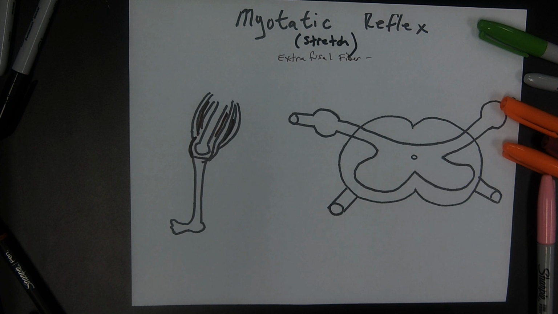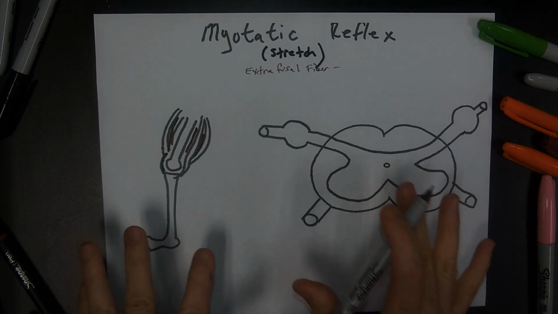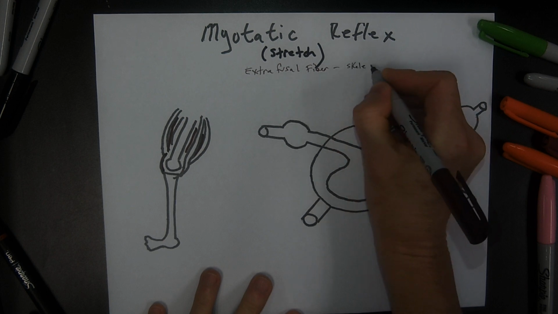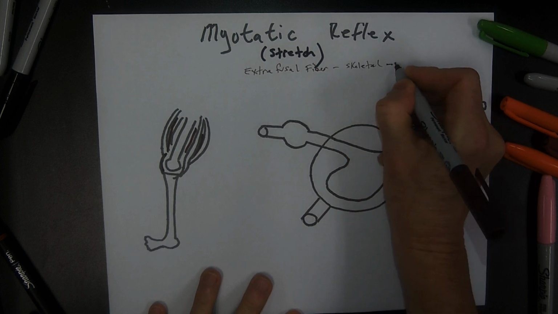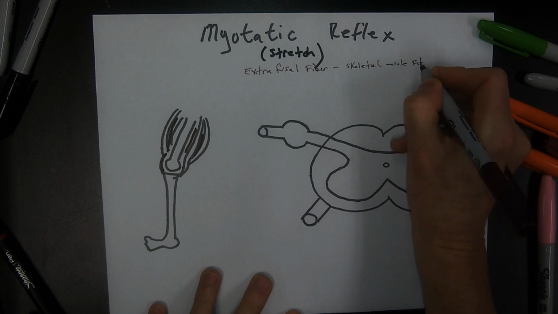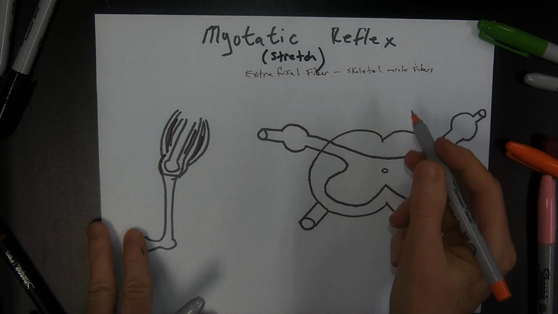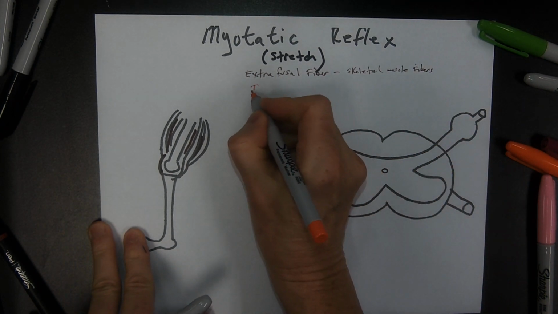An extrafusal fiber is just basic skeletal muscle. Does anybody know what the other kind of fiber is? It's an intrafusal fiber. So extrafusal are skeletal muscle fibers, and then you also have intrafusal fibers.